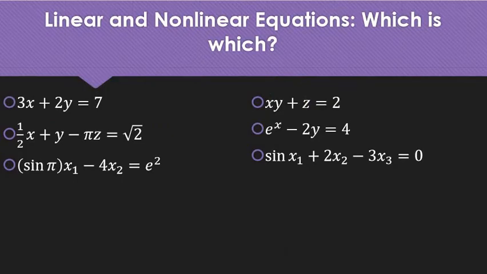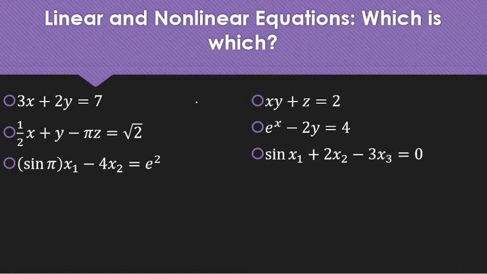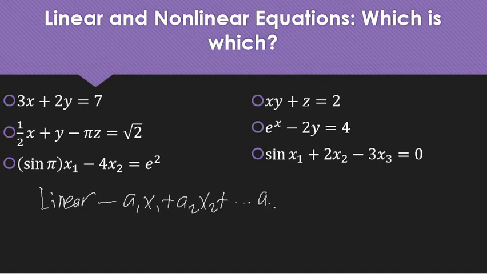So let's see, we have to identify which equations are linear and nonlinear. So we have here 6 equations and we have to determine which of the following are linear and nonlinear. Again, for our equation to be linear, we have to make sure that it will have the form a sub 1 x sub 1 plus a sub 2 x sub 2 plus until a sub n x sub n equals b.